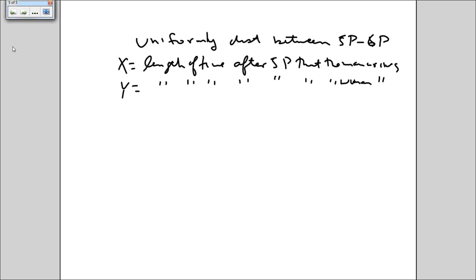Now, these two random variables are independent. Why? Because we're told how they're determined. They're both uniformly distributed random variables. That is, the man is equally as likely to arrive at 5 o'clock as 5:10 as compared to 5:22 and 11.3 seconds. The same probability as arriving at 5:58 and 14 seconds.